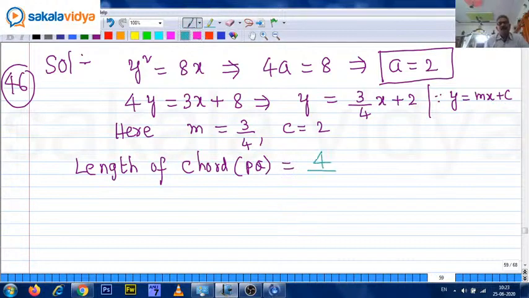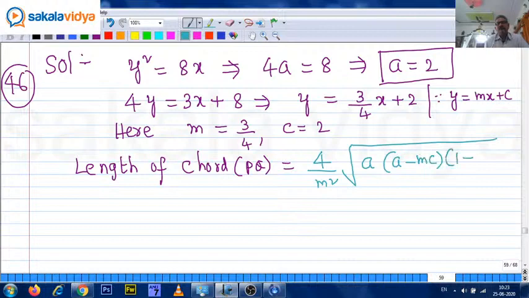4 upon m square root of a times a minus mc, over 1 plus m square. Just substitute the respective values. Substituting the respective values, this is equal to 4 upon m square. m square means 3 by 4 whole square, 9 upon 16.